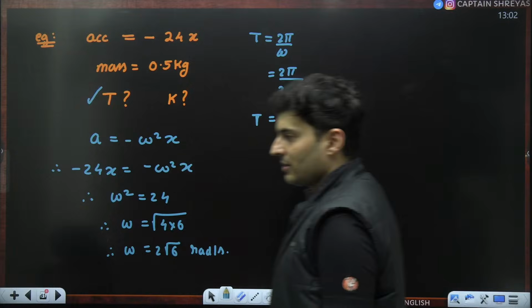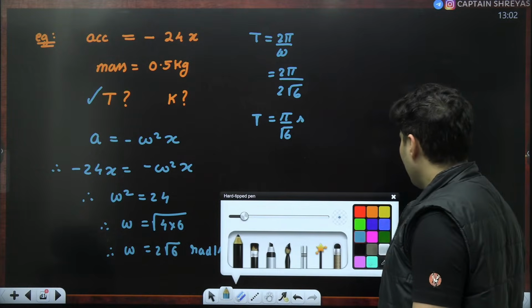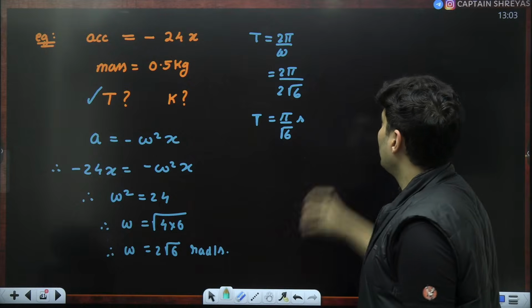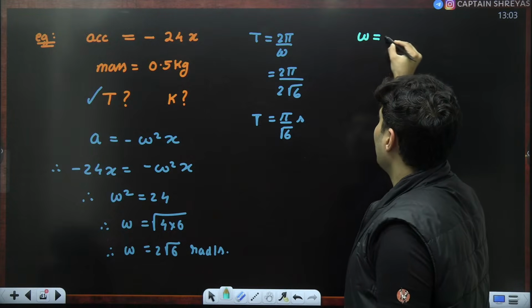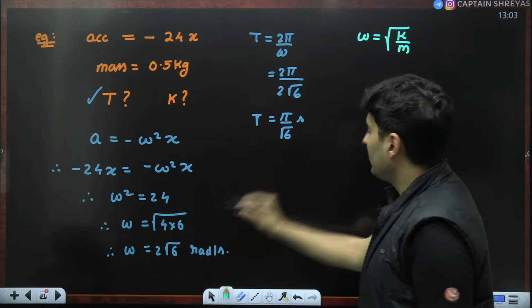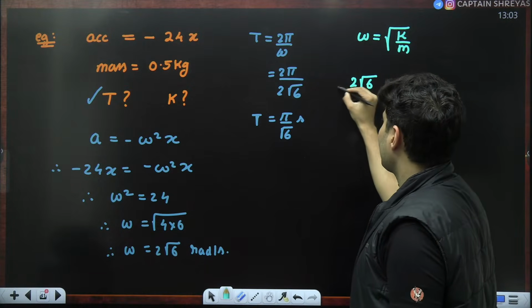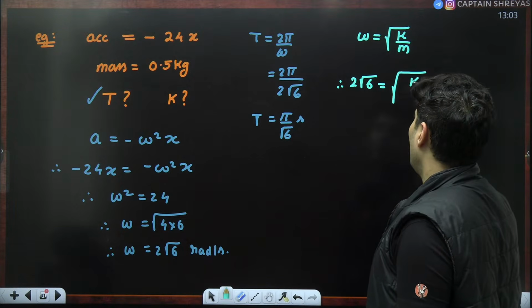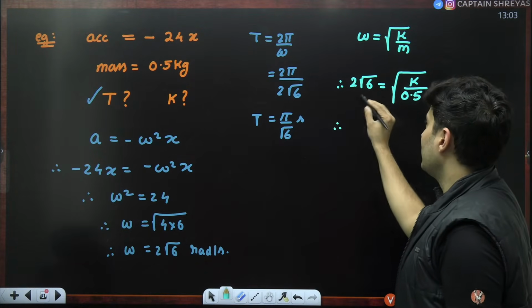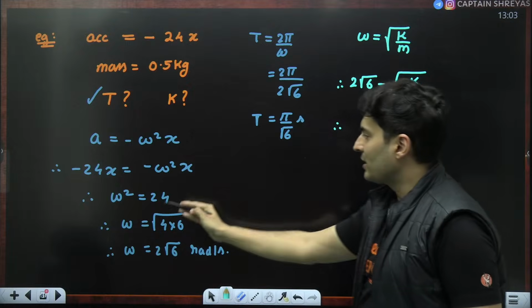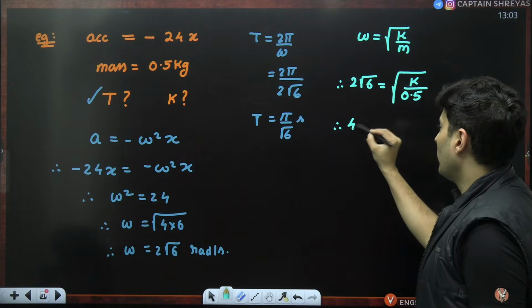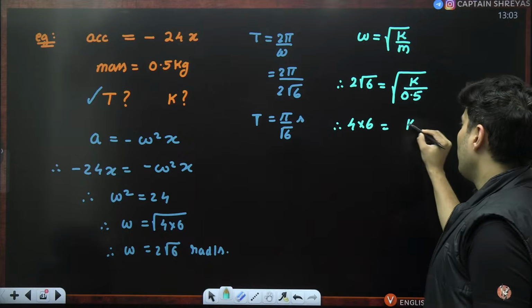We got this. I want to find out the value of k, which is the spring constant. How do I do that? We all know omega is the root of k by m. Omega, we just got it. How much was it? 2 root 6. k, I do not know. Mass 0.5. Square both sides. 2 root 6 squared will be 4 into 6. k by 0.5.